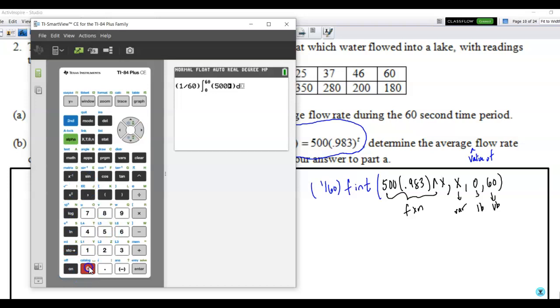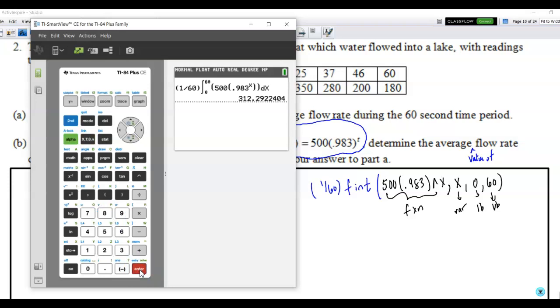500 times 0.983. Be careful with your typing. If you're like me, you can easily make a keystroke mistake, and that's going to change everything. Whoops, 0.983 raised to the x power, and dx, enter.